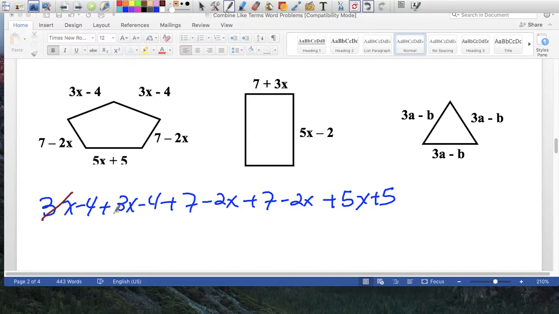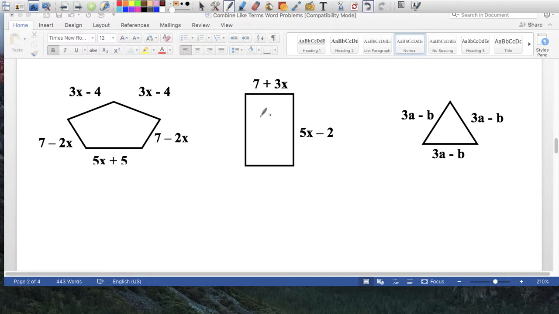I get 3x plus 3x is 6x, 6x minus 2x is 4x, minus 2x is 2x, and plus 5x is 7x. Negative 4 and negative 4 is negative 8, plus 7 is negative 1. Negative 1 plus 7 is positive 6. 6 plus 5 is 11, and 11 plus 5 is 16. So that whole thing simplifies to that.